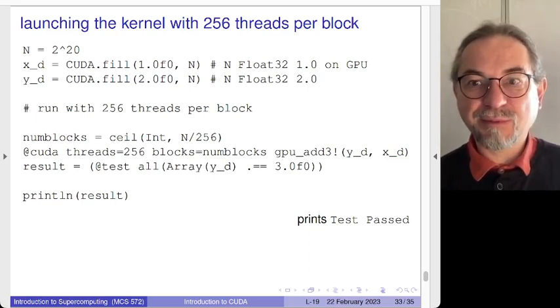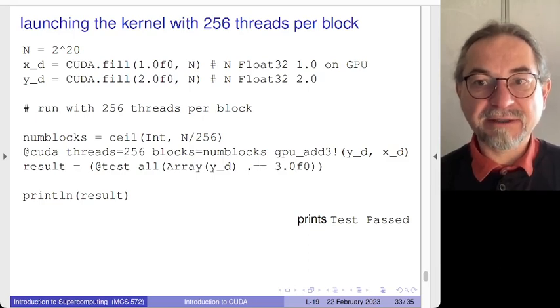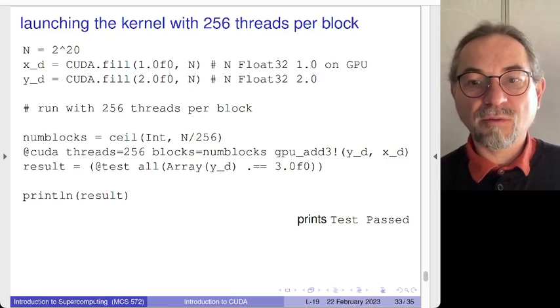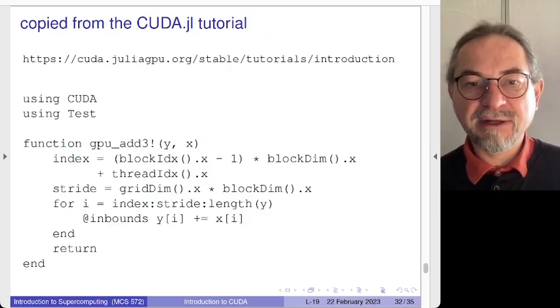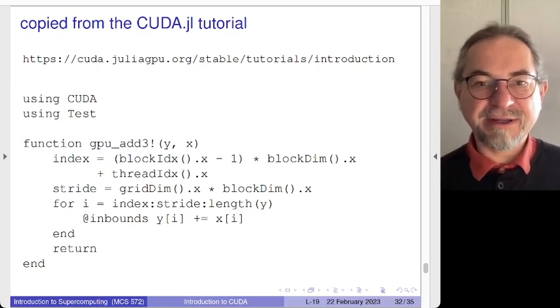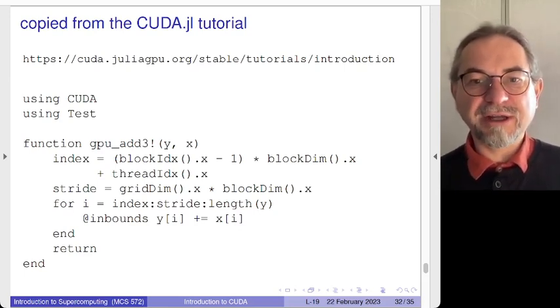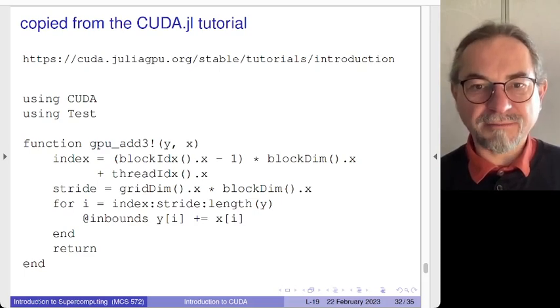So if we want to do a vector addition in Julia, we just have to think about the mapping of the thread identification number onto the data. So we have to specify what we will be running, and of course be mindful of the fact that arrays in Julia all start at 1.